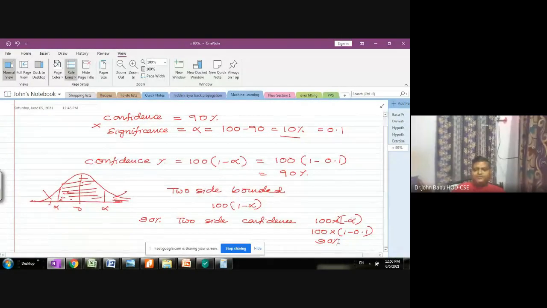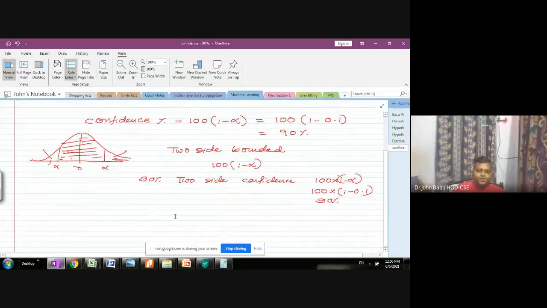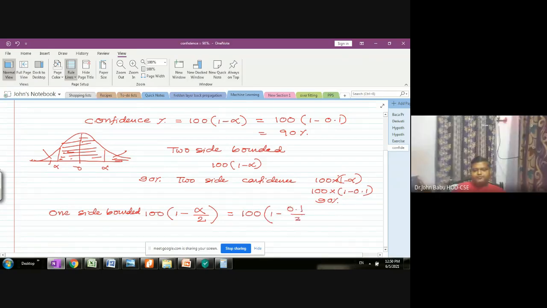One bound confidence? Confidence is equal to 100 into, if it is one side bounded, what is the formula? 1 minus alpha by 2. What is alpha? 0.1 by 2.